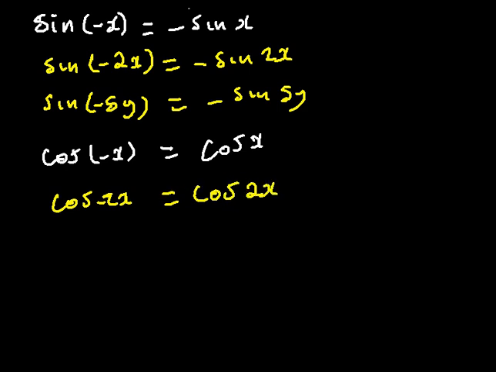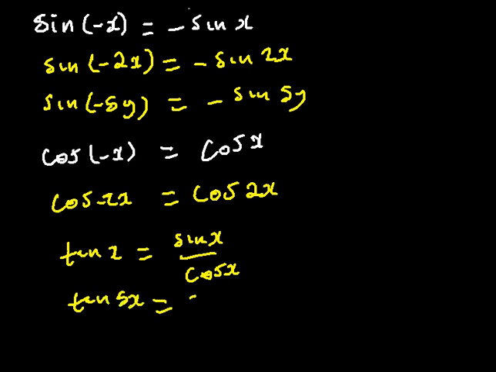And also bear in mind that tan x is the same as sin x over cos x. If we have tan 5x, this is the same as sin 5x over cos 5x.